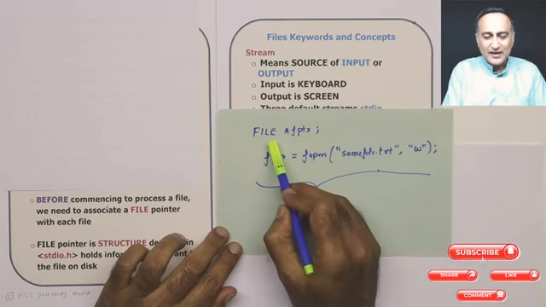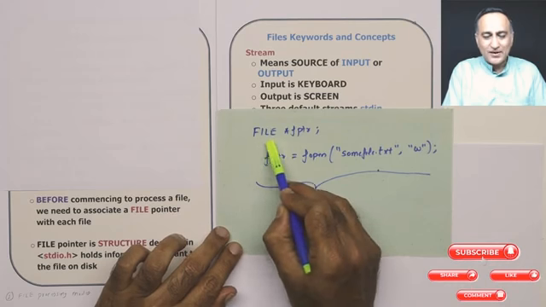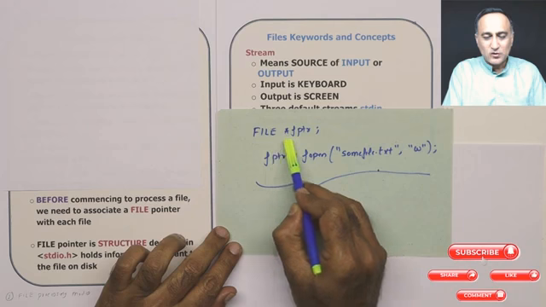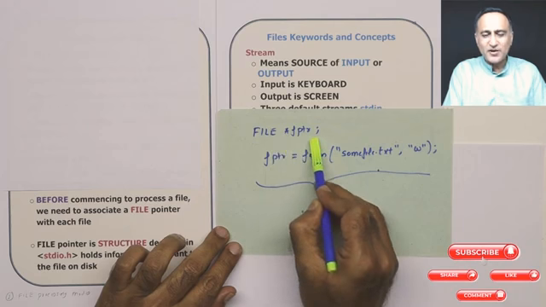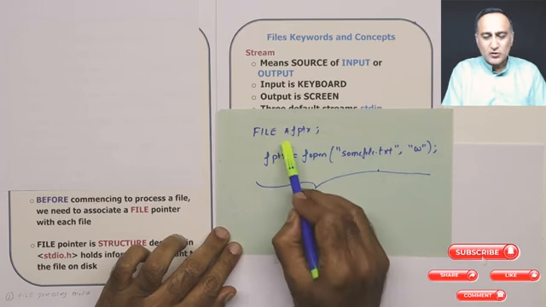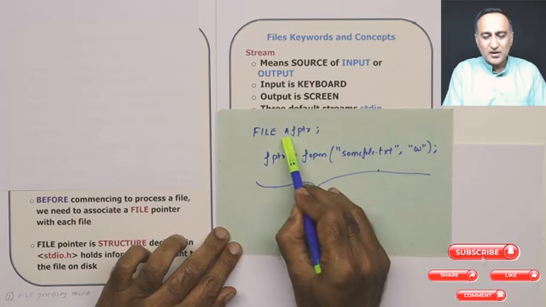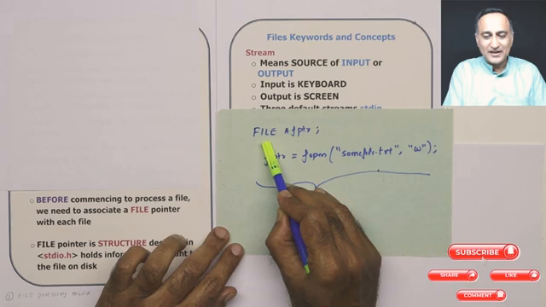I need to declare a pointer of the type FILE. I'll let you know what this FILE is in a minute. So fptr is a user defined variable. You can give fp, you can give ftr, you can just give fr, whatever it is, it's up to you. So *fptr indicates that fptr is a pointer to a FILE type of data.